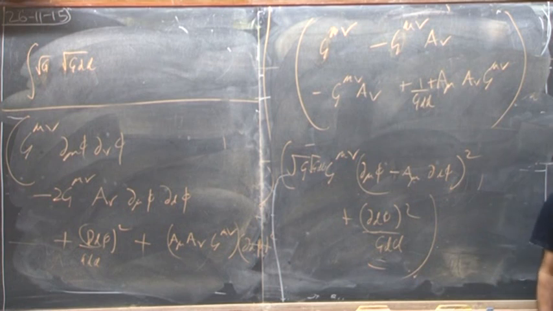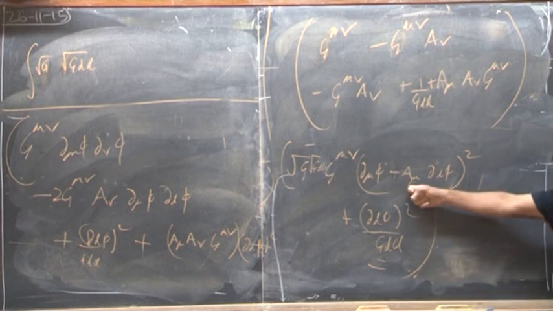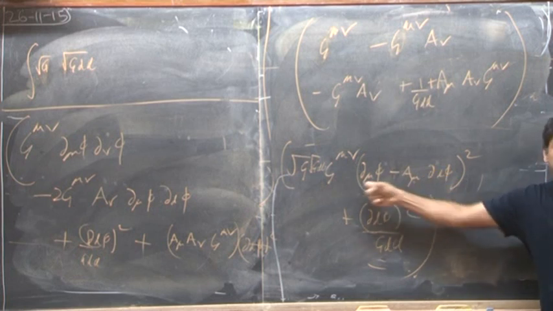What does this tell you? This tells you A mu appears inside this covariant derivative. This becomes a covariant derivative.